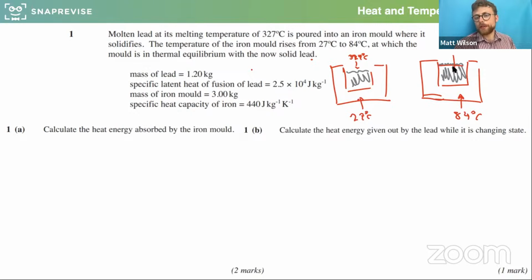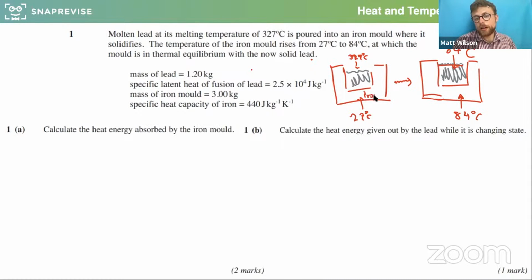So by this point, the mold is also at 84 degrees centigrade. Good, so we've got this initial and final state. And we're told some useful bits of information: the mass of the lead, specific latent heat of the lead, mass of the iron, specific heat capacity of the iron. In the first question, we're asked to calculate the heat energy absorbed by our iron mold.